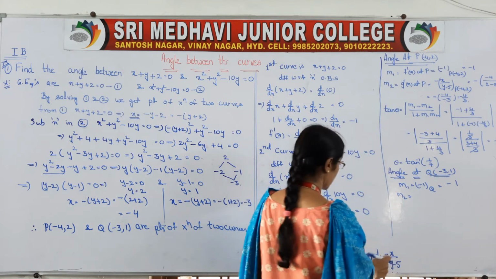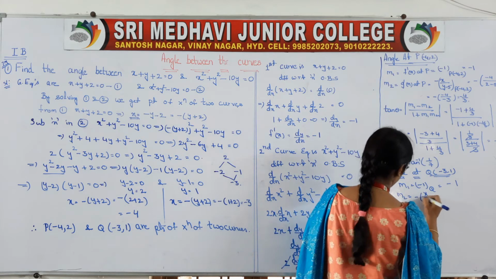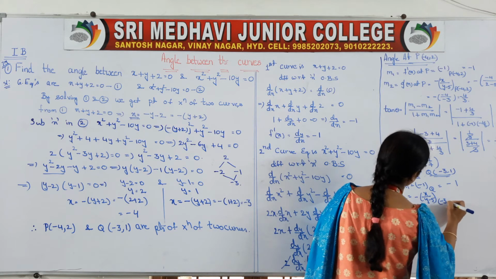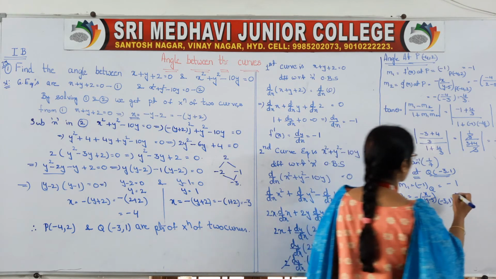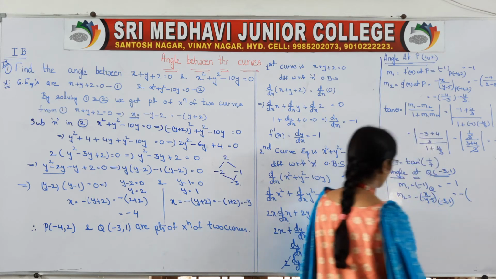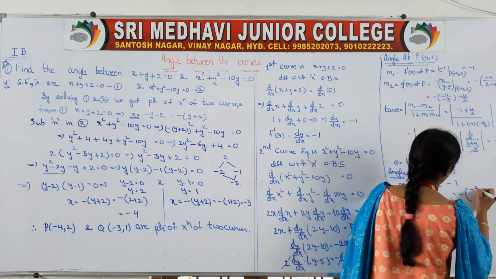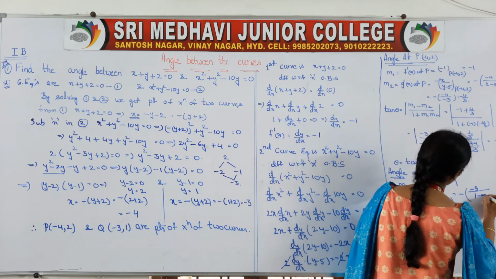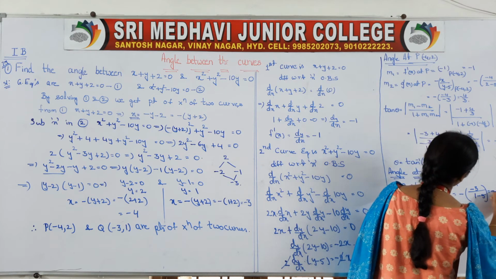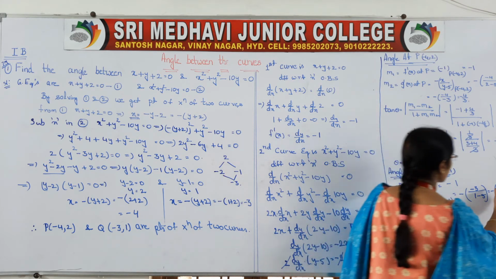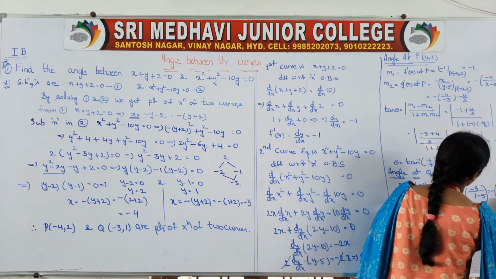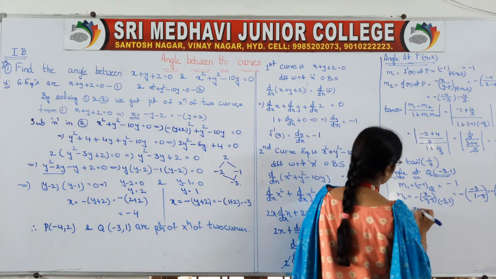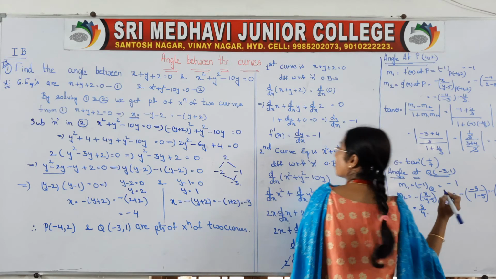Your next value minus of x by (y minus 5) at the point (-3, 1). So substitute: minus of x, it is -3, by (1 minus 5), so minus of -3 by -4, which is equal to 3 by 4.